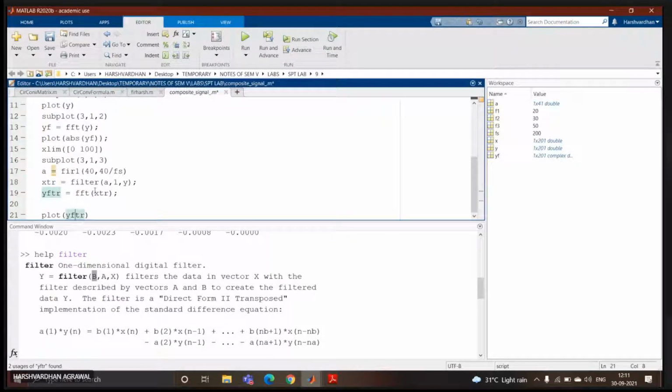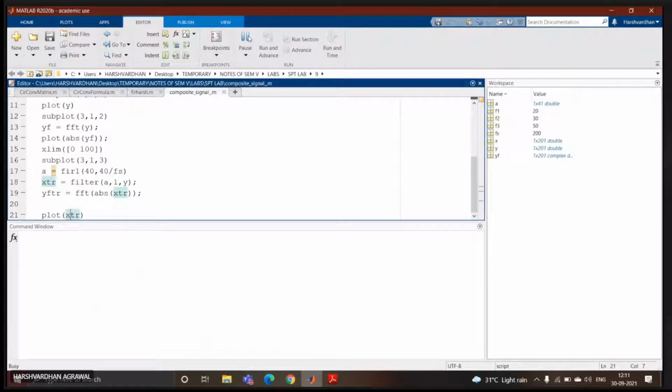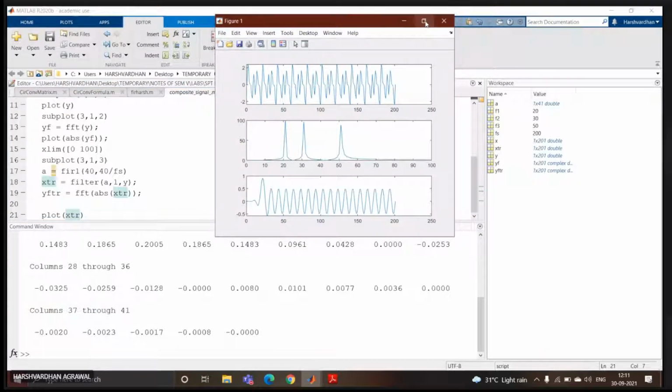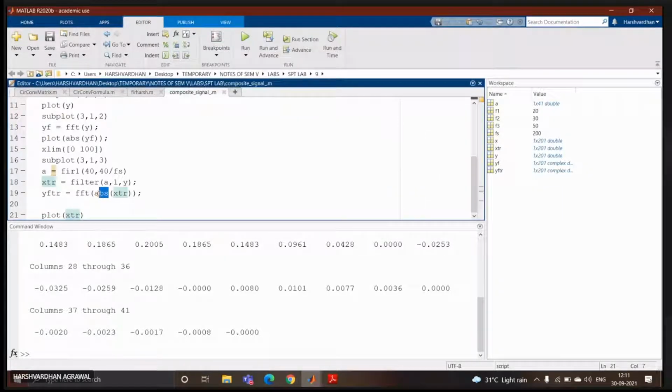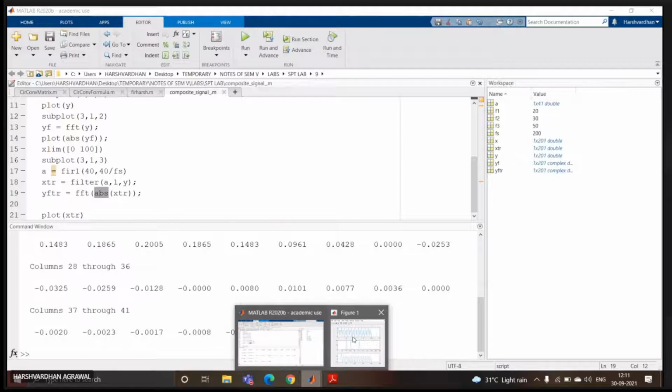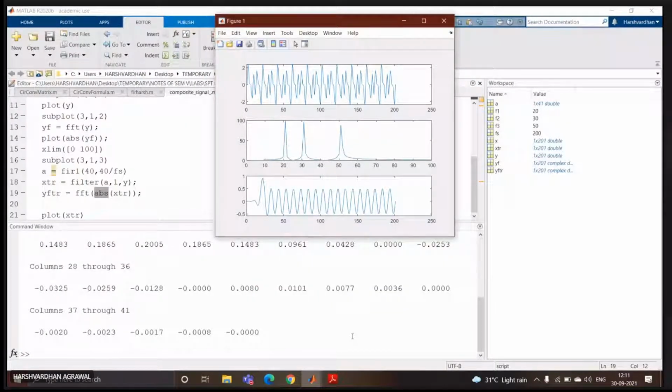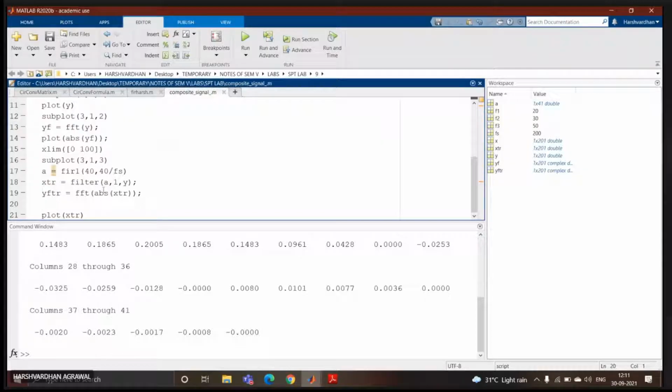Don't forget to take the absolute value of that. Then plot the absolute value of the FFT. Yes, sir. I took the absolute value of the FFT, sir. The FFT value is always complex.